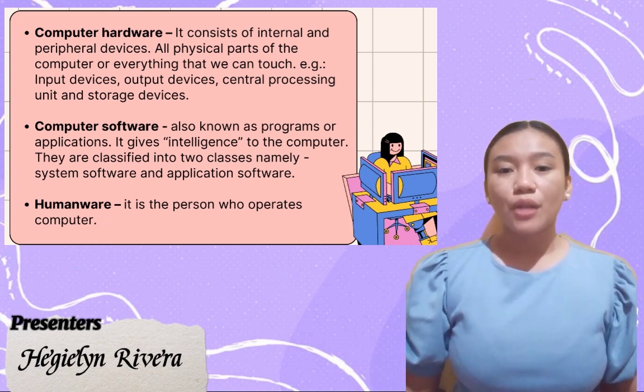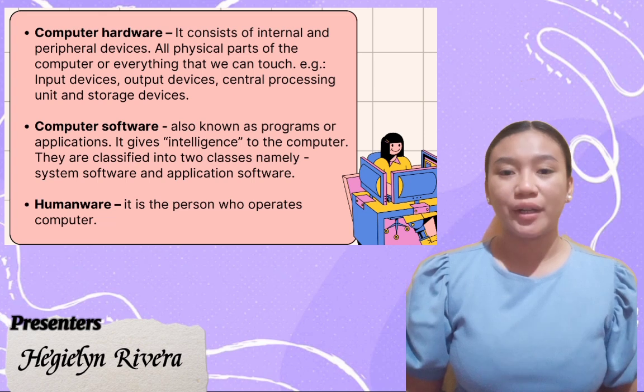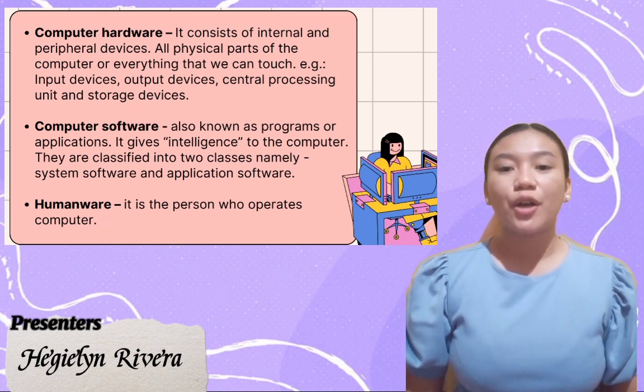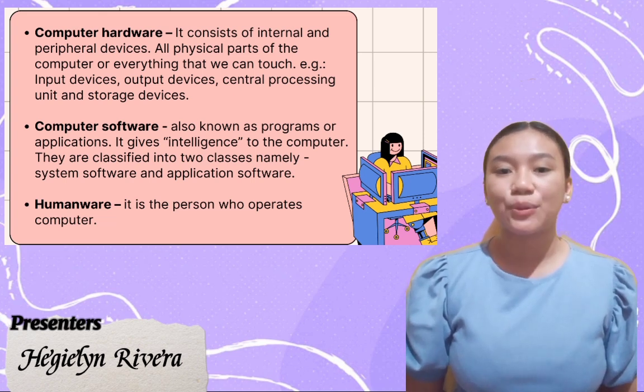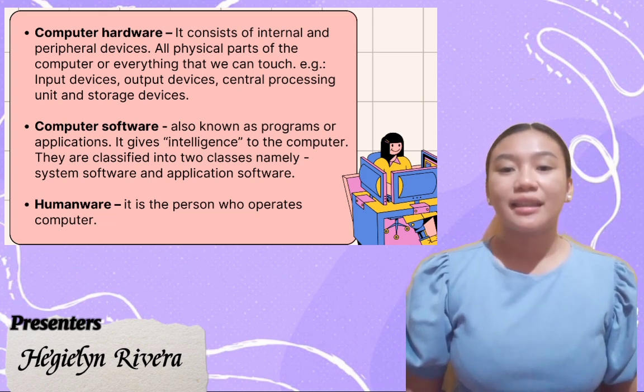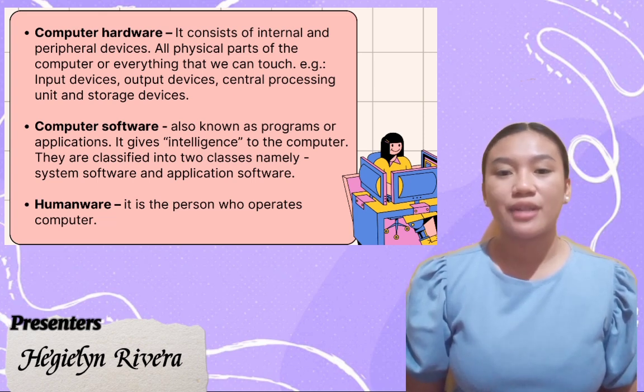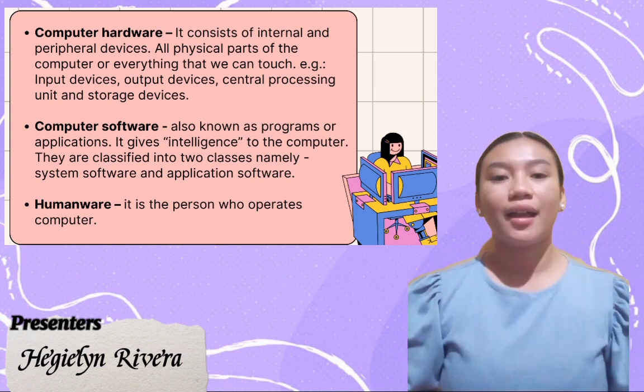So, why is computer hardware important? Because the term hardware for a computer system refers to the actual physical tools and components that support crucial operations, including input, output, storage, and processing.